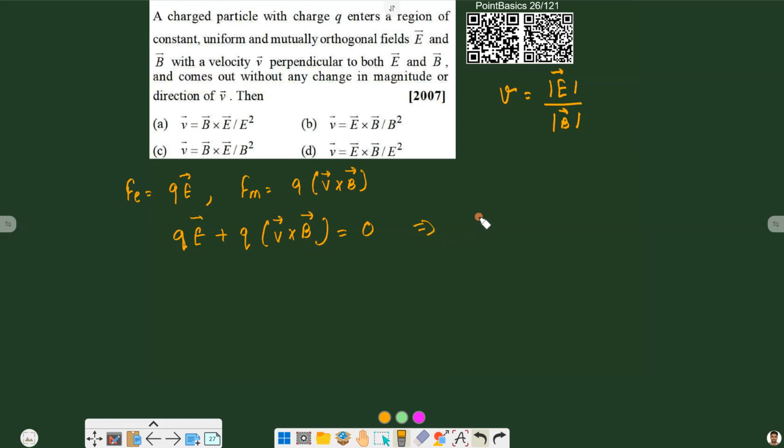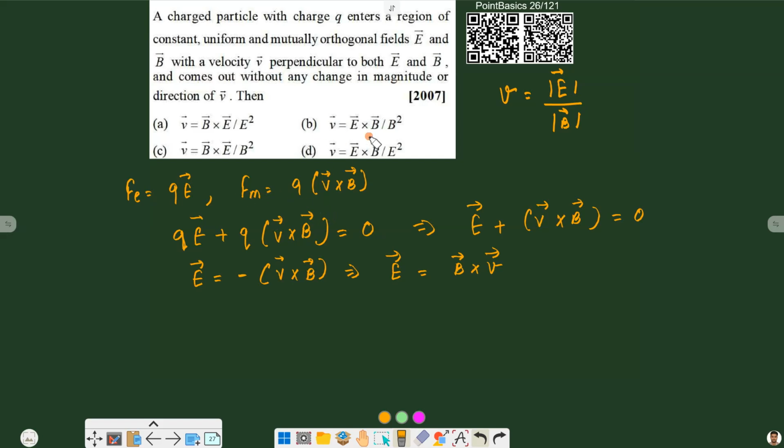From this we can write E plus V cross B is equal to 0, and from this E is equal to negative of V cross B, or we can write E is equal to B cross V.